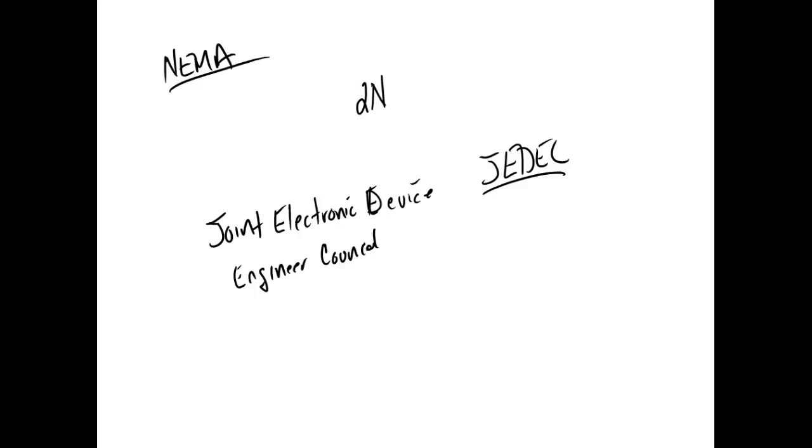So a JEDEC registered transistor will always start off with 2N, and then they'll have a number. So we're dealing with a 2N3904. Now the number is just a number that's assigned, so they don't group them in numbers. So that makes sense. Now if it's a JEDEC registered package with a number, then odds are I'm going to be able to look these up.